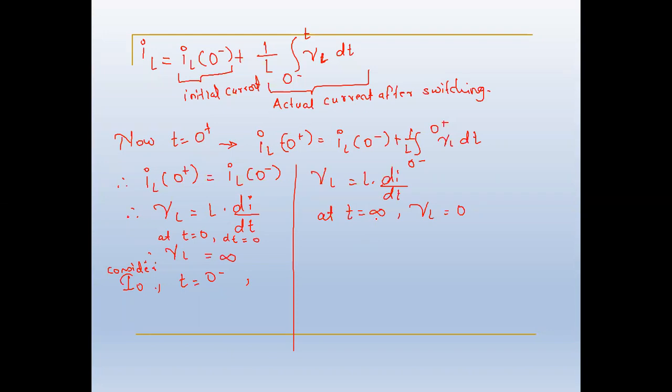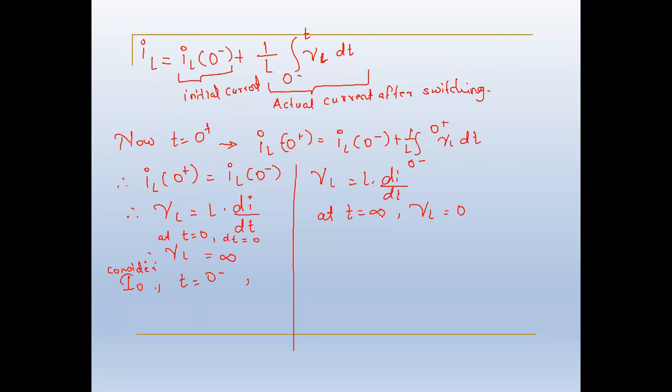And here t is equal to infinite indicates that the inductor is operated for a longer time period, and the condition at t is equal to infinite is called the steady state condition. Under this condition the inductor acts as a short circuit.